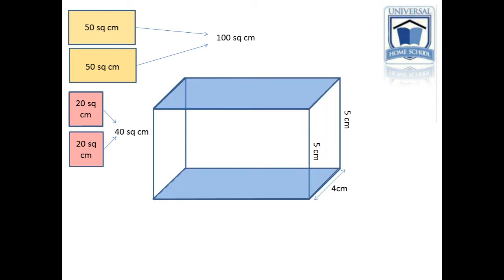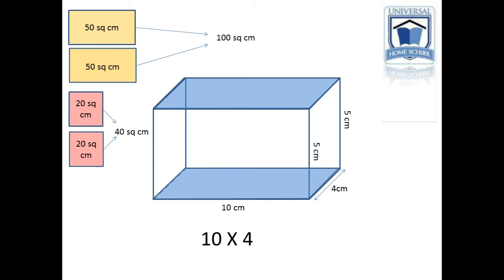Now I go to the bottom and the top. We know the dimensions, we know the length is 10, and we times it by 4 because we're still using that same formula. We're finding the area of this rectangle here, which is lying on the ground.